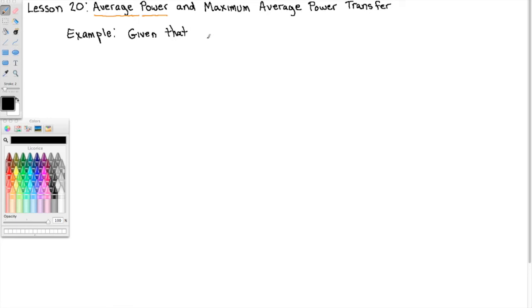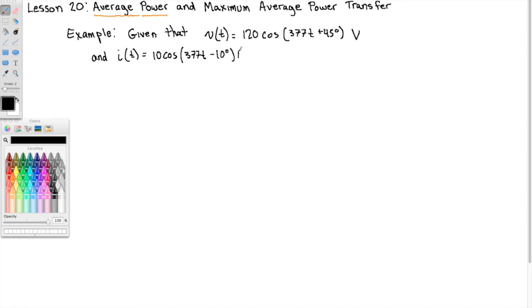Okay, given that v of t equals 120 cosine of 377t plus 45 degrees volts, and i of t equals 10 cosine of 377t minus 10 degrees amps, same frequency, right? Has to be.